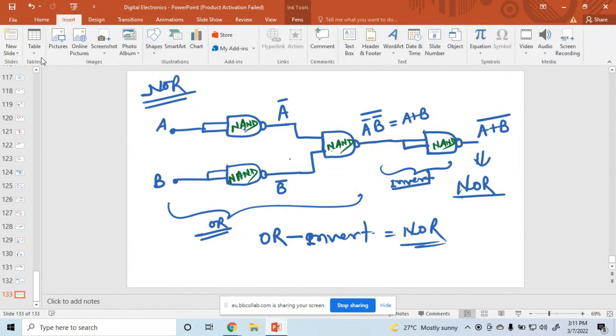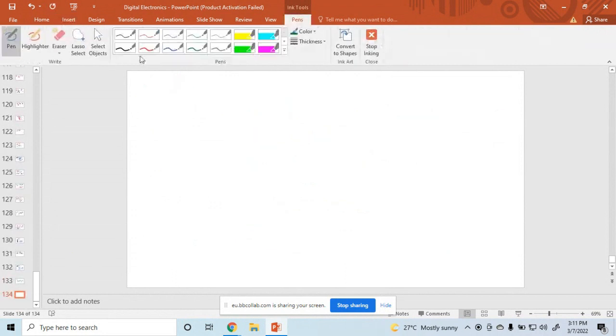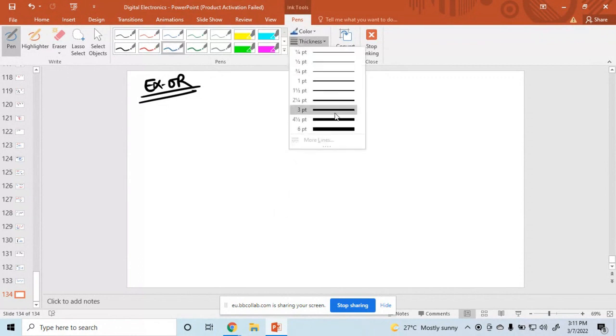And suppose you want to design the XOR gate, so how many NAND gates are used? Suppose I want to design XOR. You know the XOR output is equal to AB bar plus A bar B. So how to design?